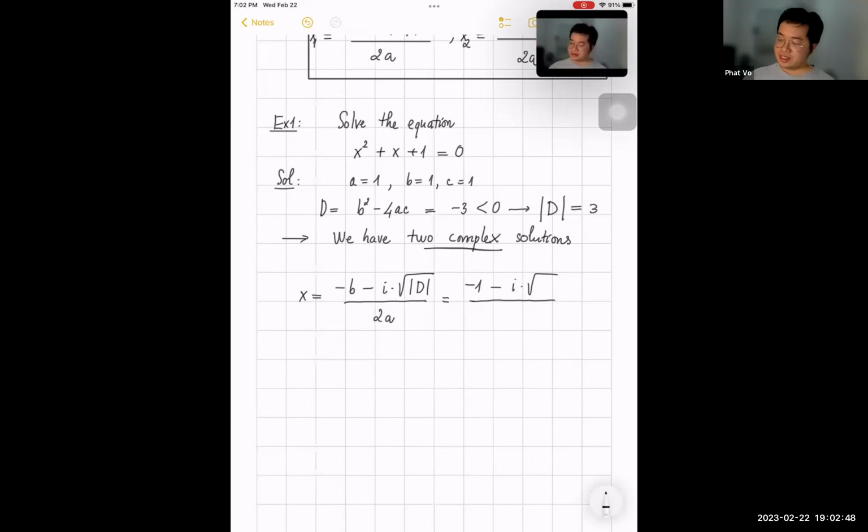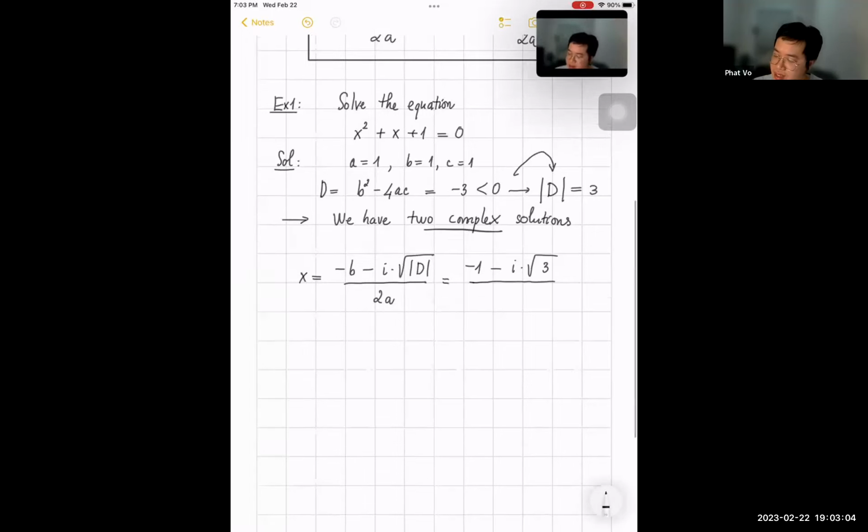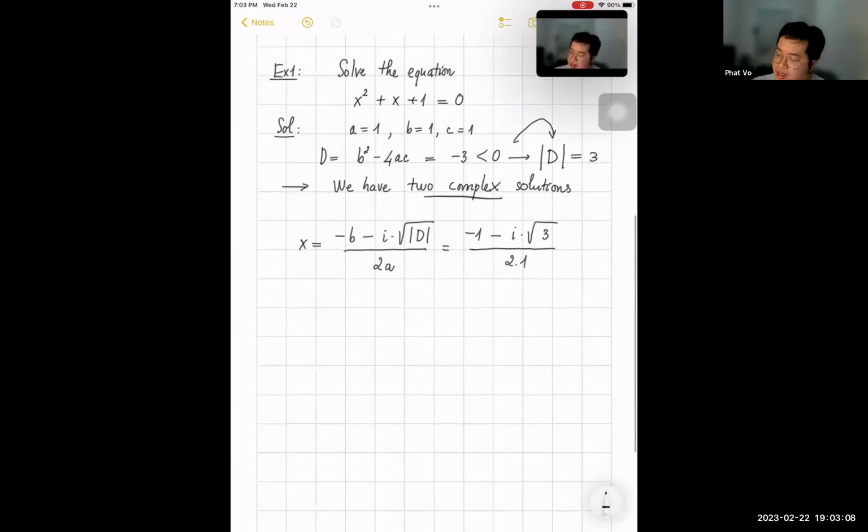So be careful here. You need to take the absolute value. D is -3, but the absolute value of -3 is 3. Now put it in here, 2 times a, 2 times 1. Now we simplify this. It's -1 minus i times the square root of 3, over 2.